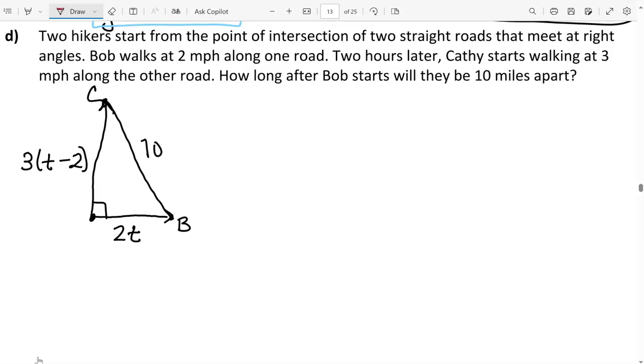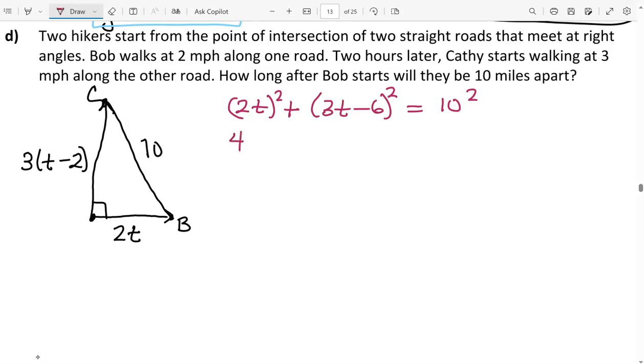Since the hikers are moving at right angles, we can use the Pythagorean theorem to relate their lengths. So our first length, one of the lengths of the legs, is 2t, so I'm going to square that, plus the square of the second length, and if we distribute 3 times t minus 2, that's 3t minus 6. We're going to square that as well and add, and that will be equal to the length of the hypotenuse squared, which will be 10.